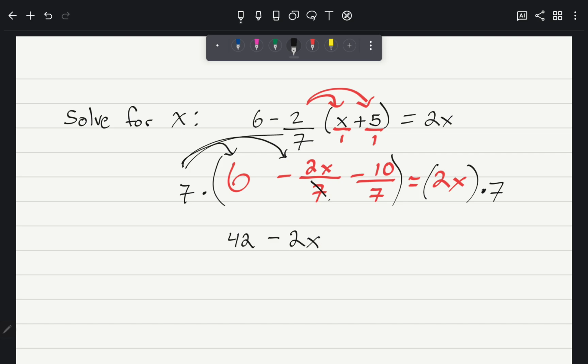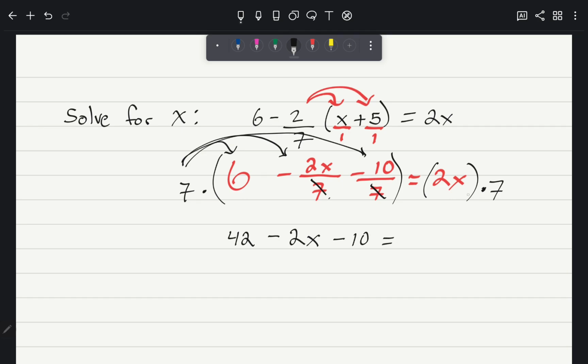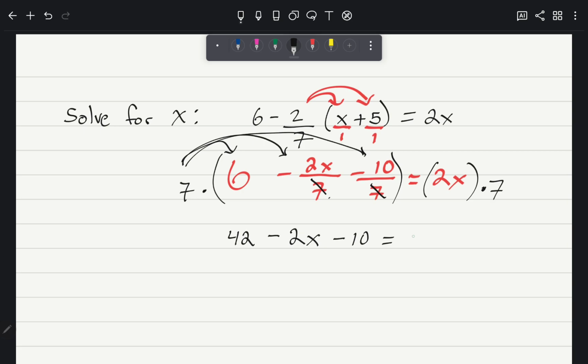Now I'm going to do 7 times negative 10 over 7, and again, we have that denominator of 7, so because we're multiplying, it'll cancel out the denominator. So we bring down the minus 10, and we're equal to 7 times 2x on the right side, which will give us 14x. Alright, now let's get to solving.